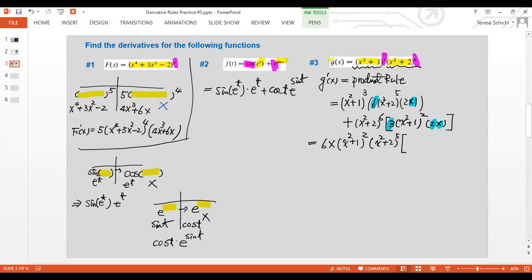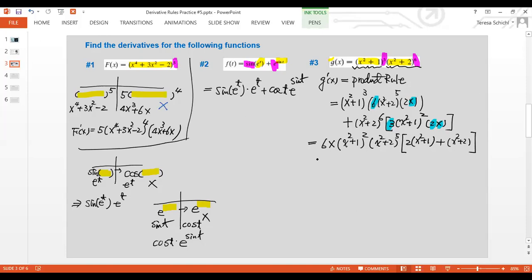Okay, so after that, what does the first term have left here? It's 2, x squared plus 1. Correct? Then plus the second term, I factor out x squared plus 2 to the 5th power, so I have still x squared plus 2 to the first power here.